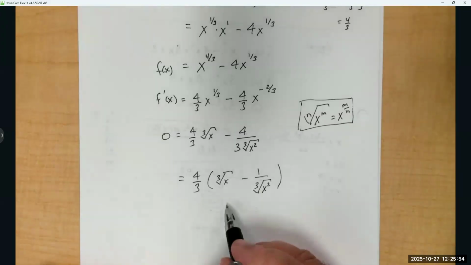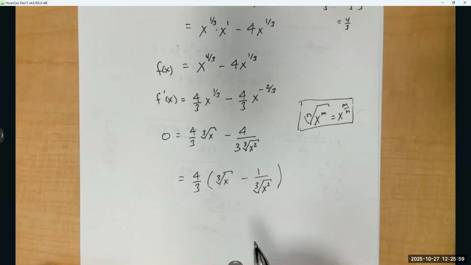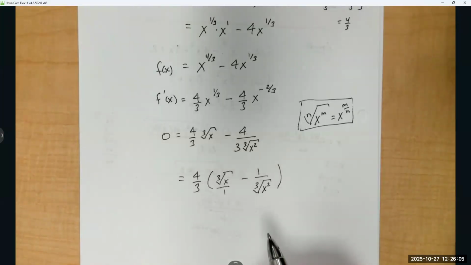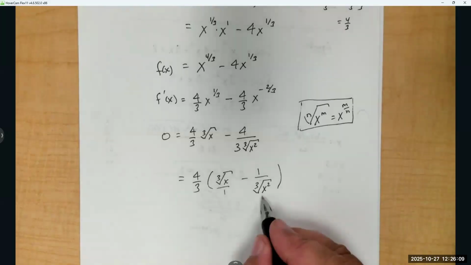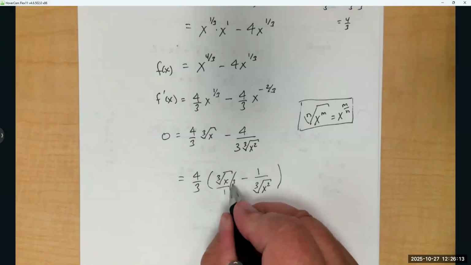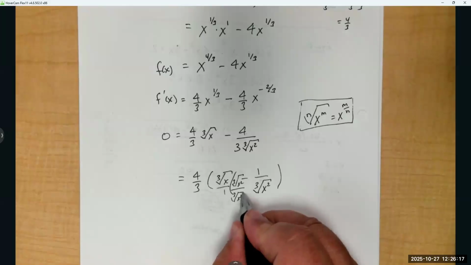To get a common denominator, what does this one need? It's over 1 right now. What is the LCD? The only denominator. So this one would need 3x squared over cube root of x squared.